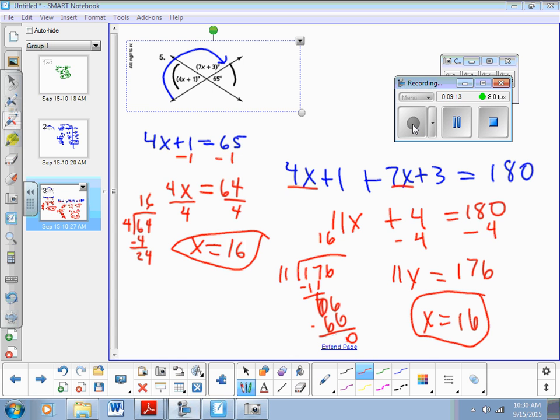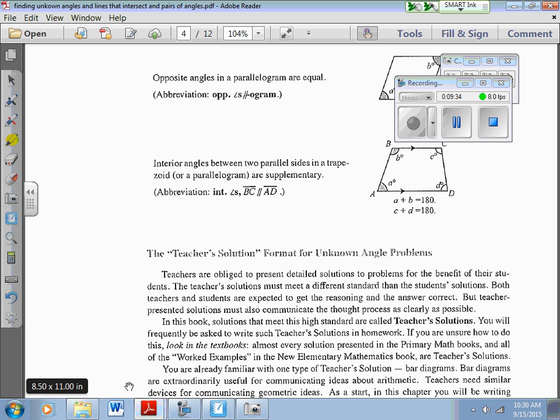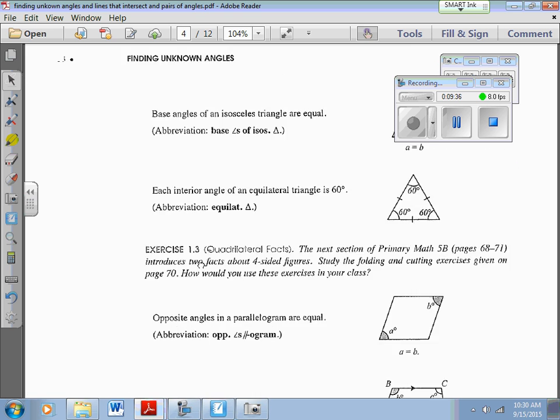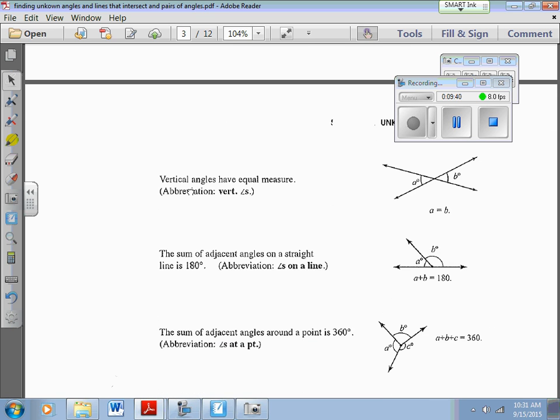What I just showed you was 2 different ways to solve for the same variable. Okay, there's another thing you could have done. These 2 angles that I'm coloring in green should add up also to 180. And I'm going to go back to this finding unknown angles handout. I made you guys read this very carefully, and I told you you're going to be using these.